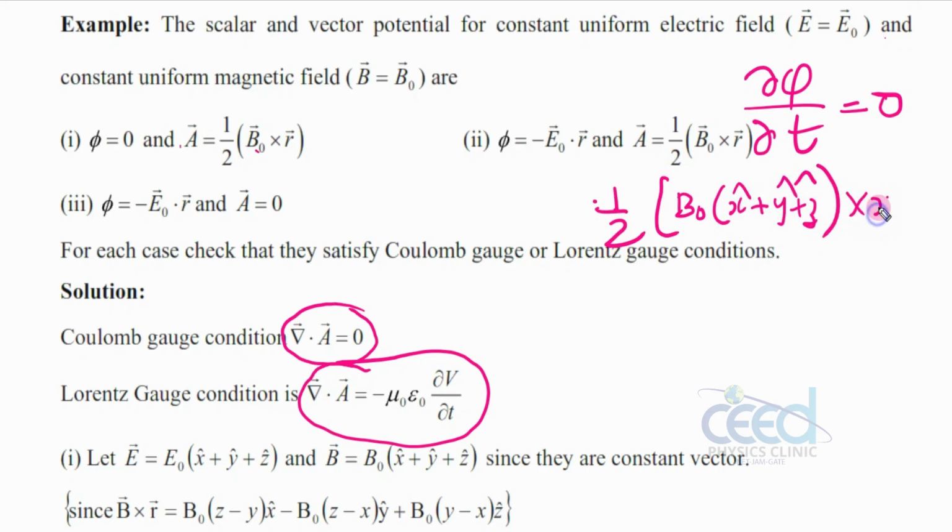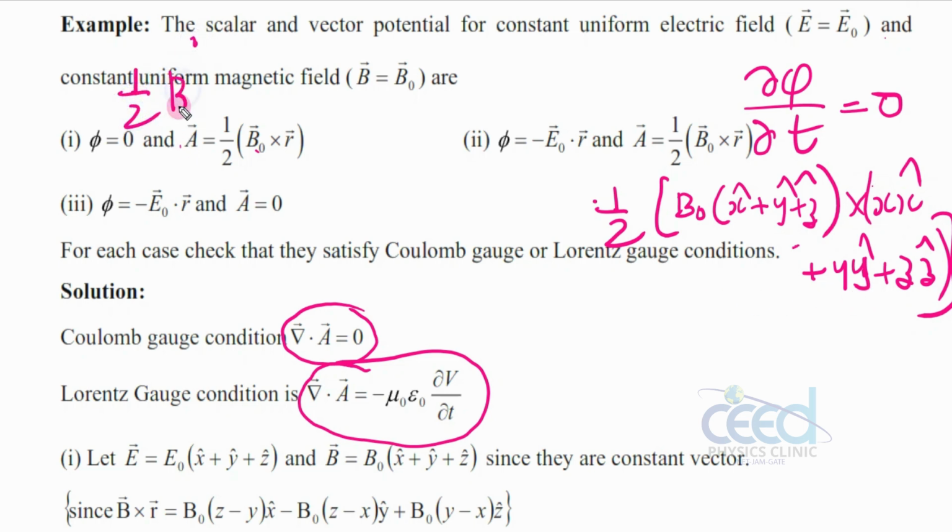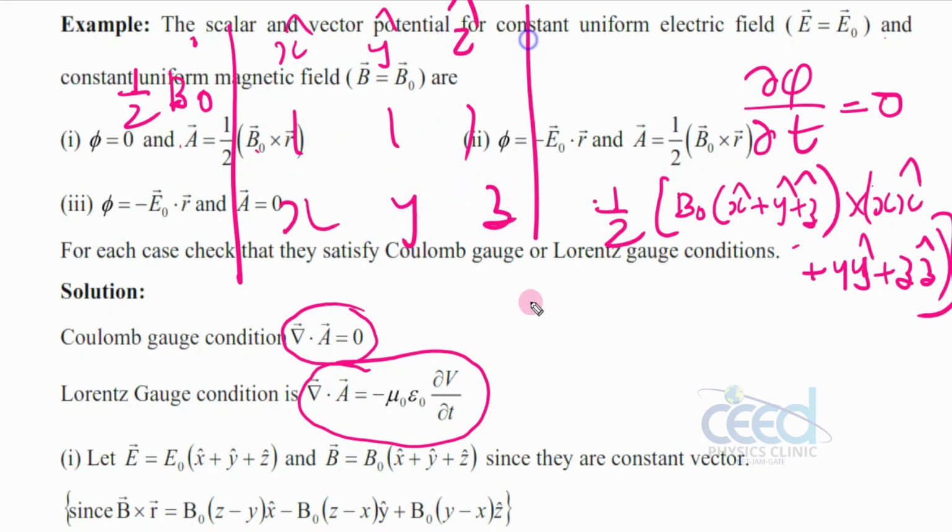The position vector R you can write as x cap plus y cap plus z cap, okay? Now half B0 you have taken out. What is the component? X cap, y cap, z cap, the coefficient of 1, right? Here x, y, z.